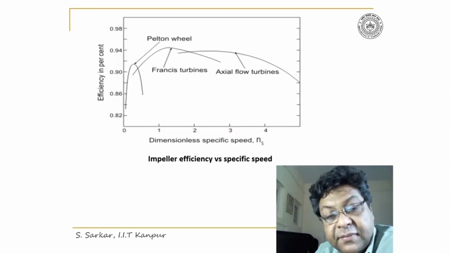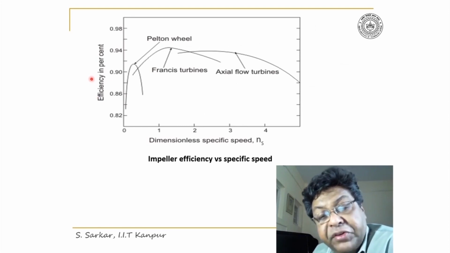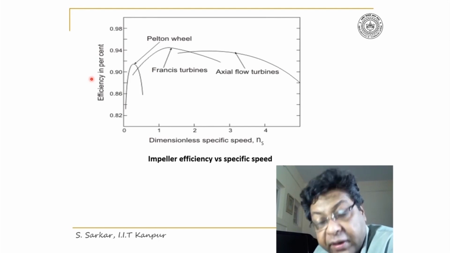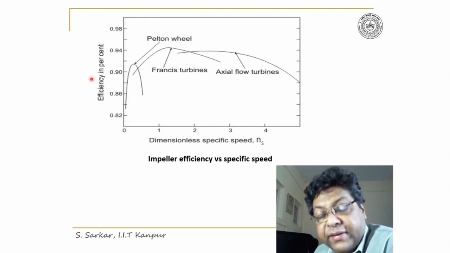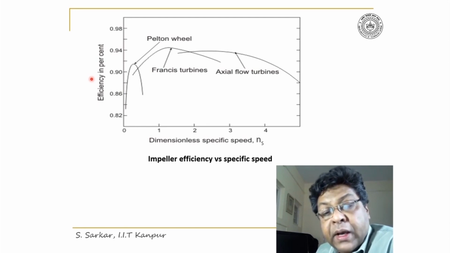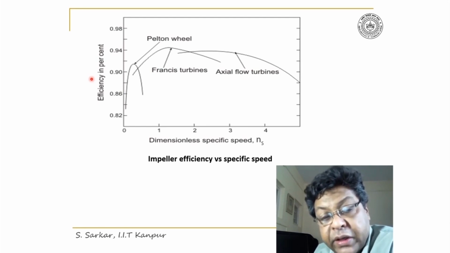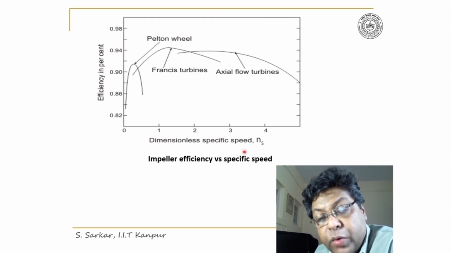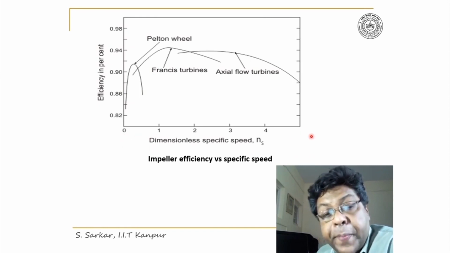In the next, here I have expressed the efficiency versus non-dimensional specific speed, small ns, in reality, and you can appreciate that the value of ns lies between 0 and 5.